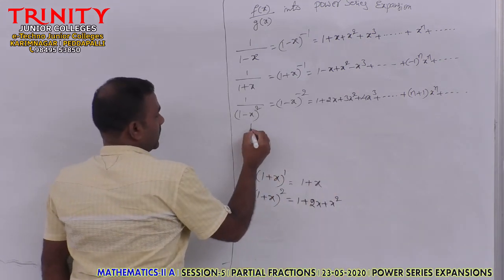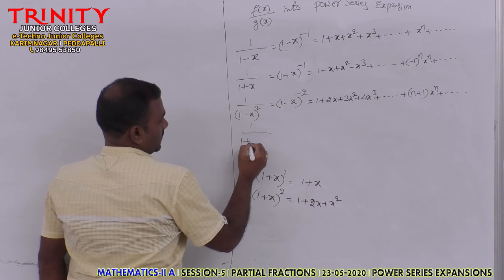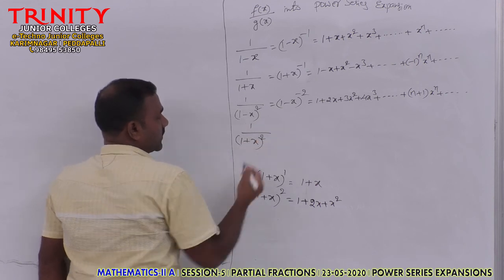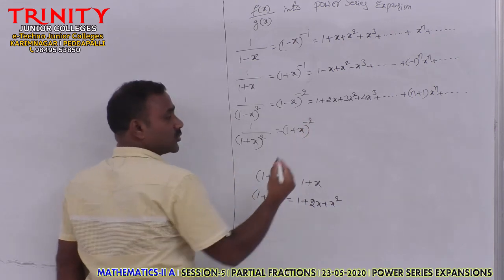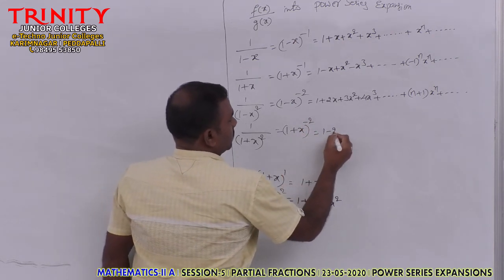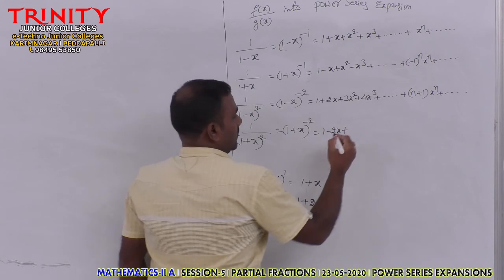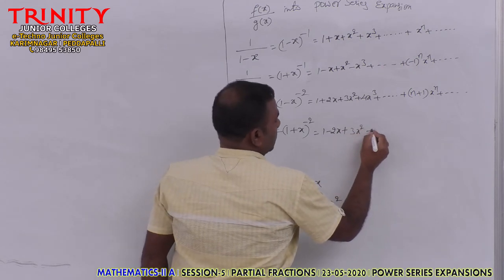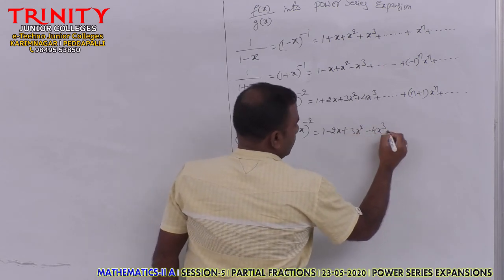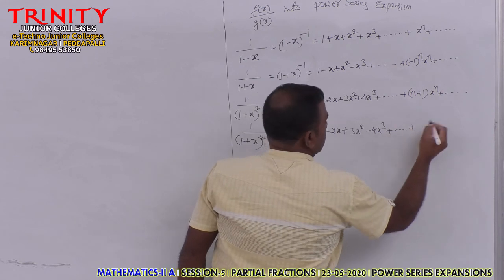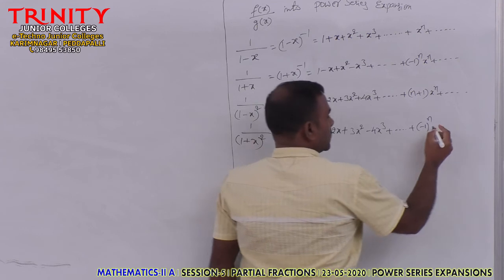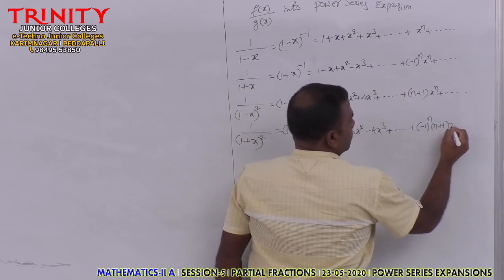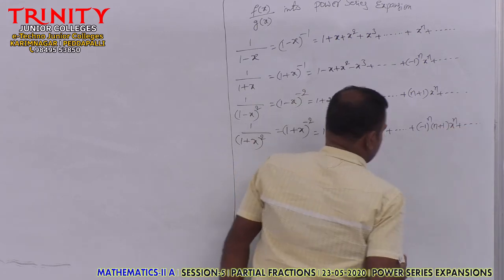The fourth form is 1 by 1 plus x whole square, that is nothing but 1 plus x whole to the power of minus 2. It can be expressed as 1 minus 2x plus 3x square minus 4x cube plus so on, plus the nth term, minus 1 whole to the power of n into n plus 1 into x to the power of n, plus so on.